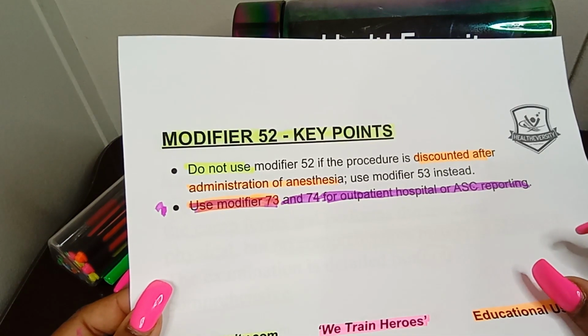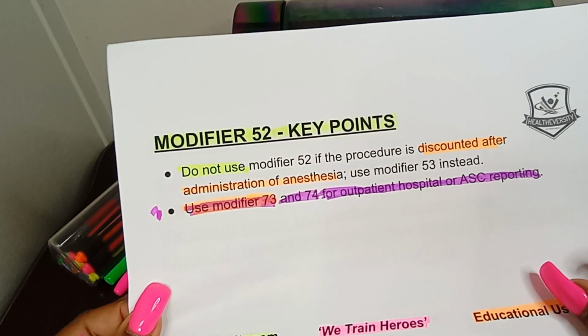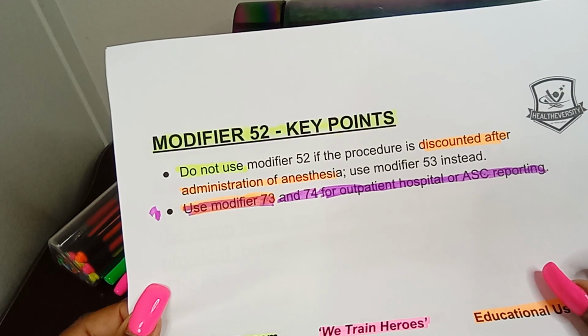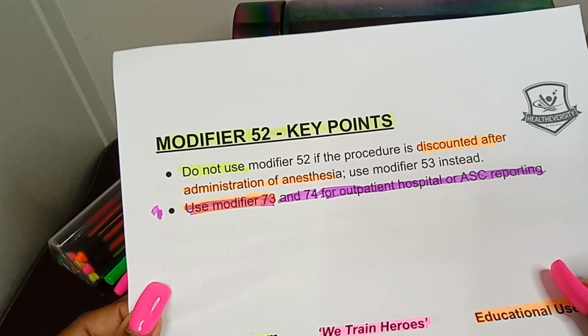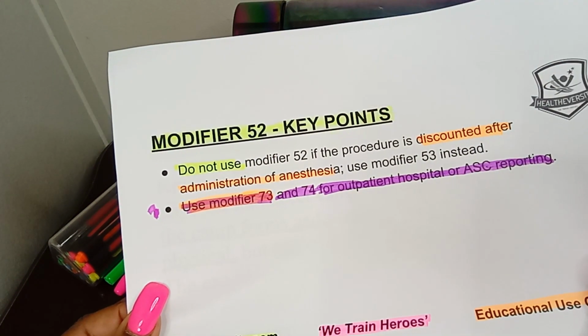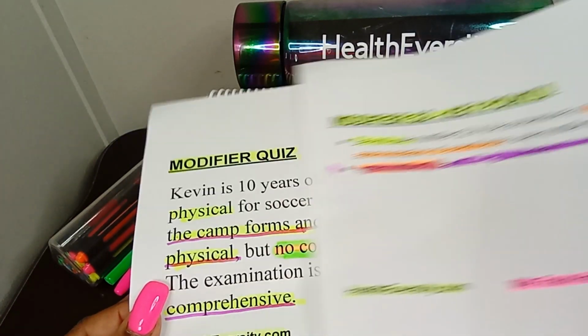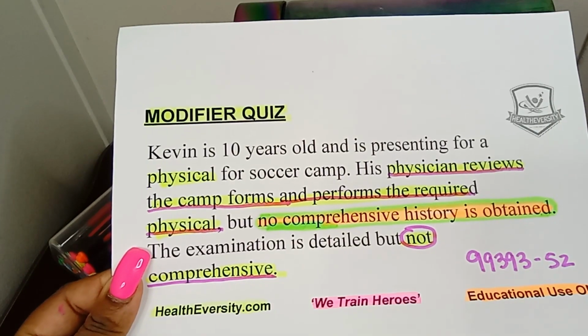And the key point is do not use modifier 52 if the procedure is discontinued after the administration of anesthesia. Use modifier 53 instead. All right, so let's take a look at this.